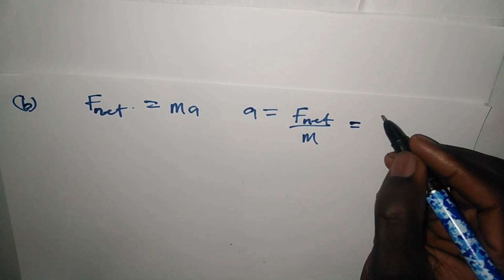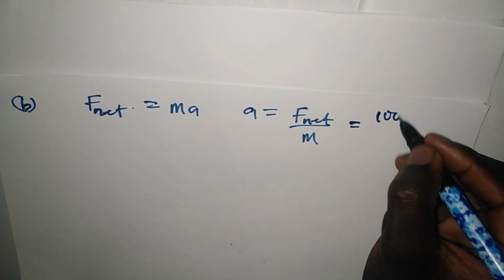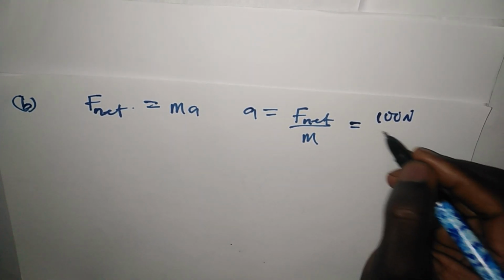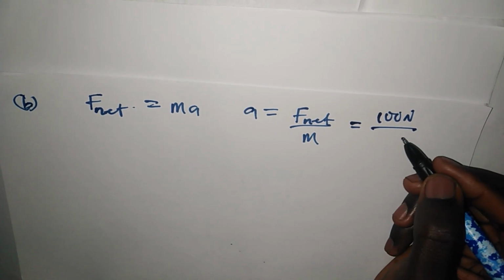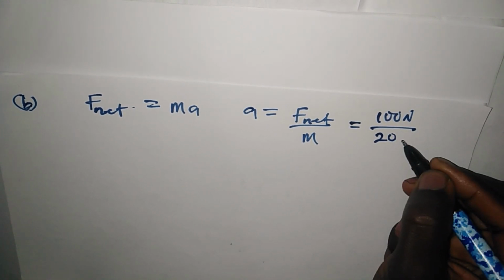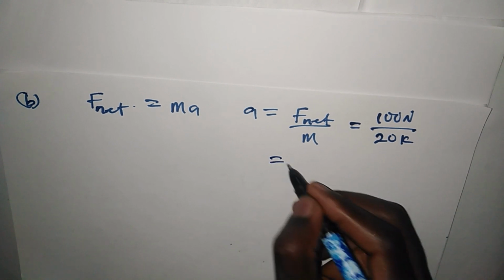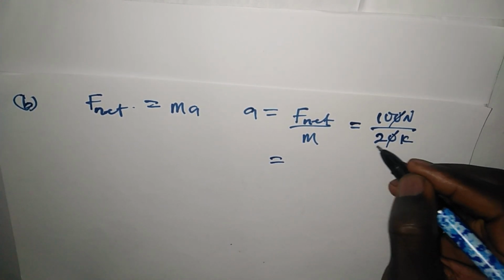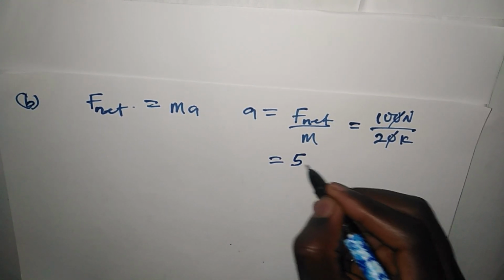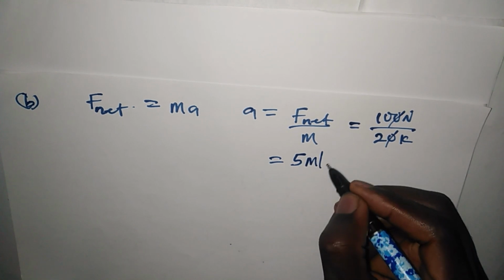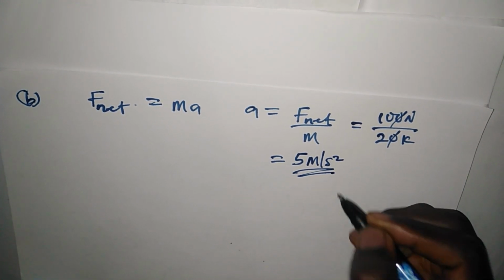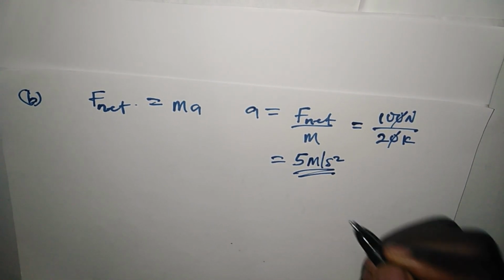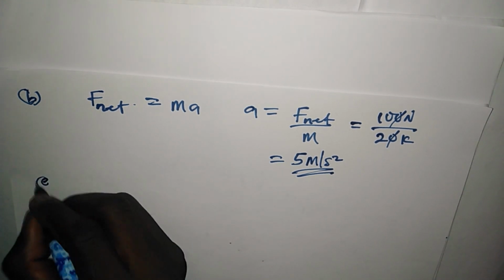The net force is 100 newtons, and the mass of the box is 20 kg. Therefore, acceleration is going to be 5 meters per second squared. Let's go to C.